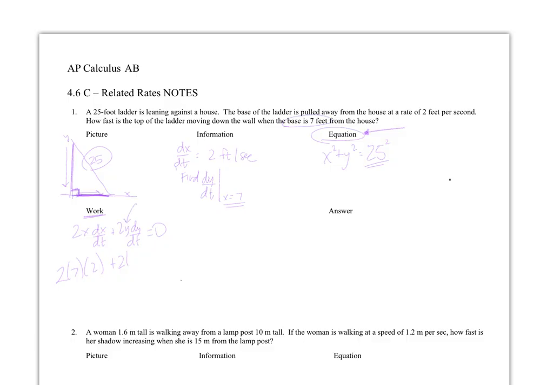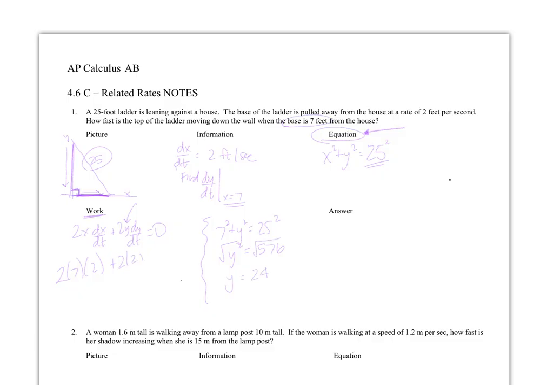Well, right this very second I don't, but if I know the x value is 7, then 7 squared plus y squared should equal 25 squared. So I should be able to solve this. Let's see, y squared is 625 minus 49, which is 576. Take the square root of that, we get y is equal to 24.